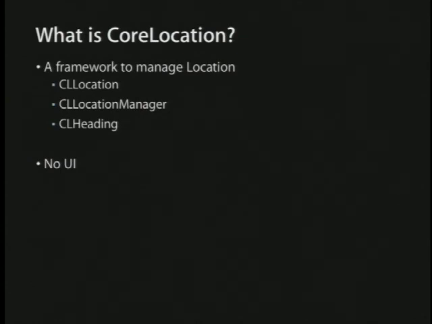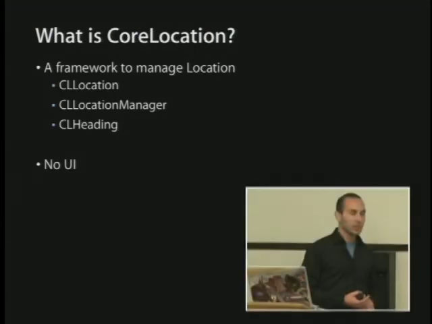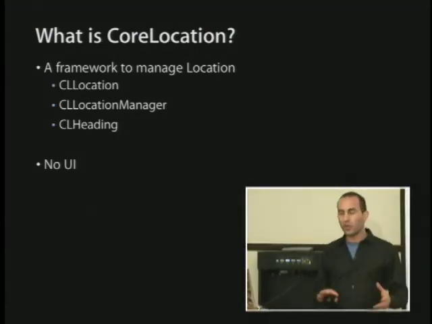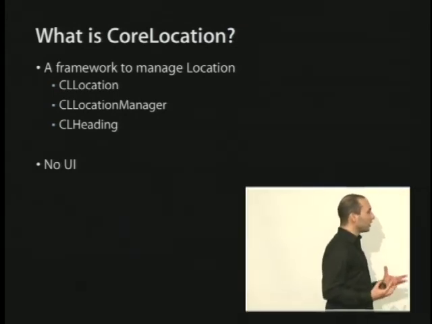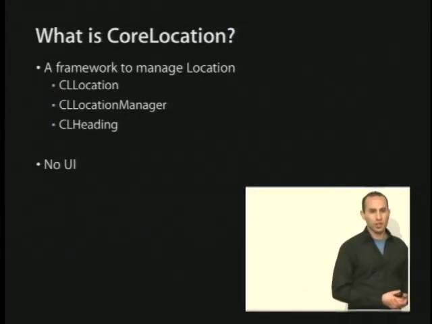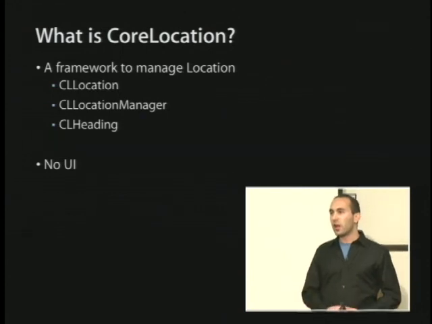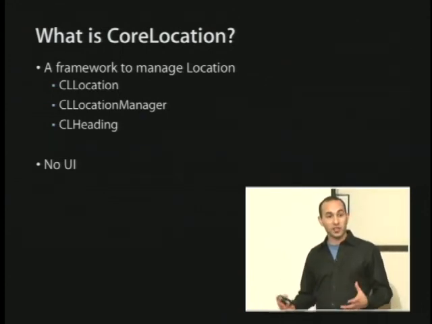All right. So I want to talk about CoreLocation. CoreLocation is a framework to manage location. There are two classes that are really interesting, and a couple others that you won't use as often. The first one is CLLocation. CLLocation represents a point and vector in the real world.